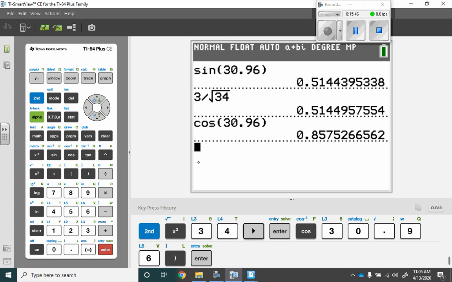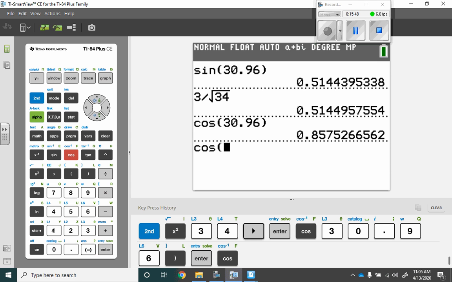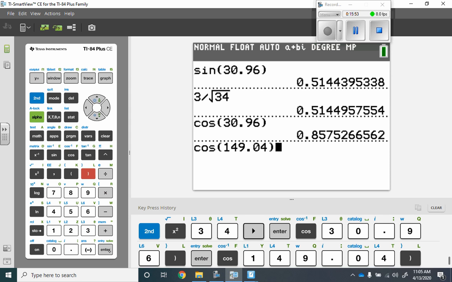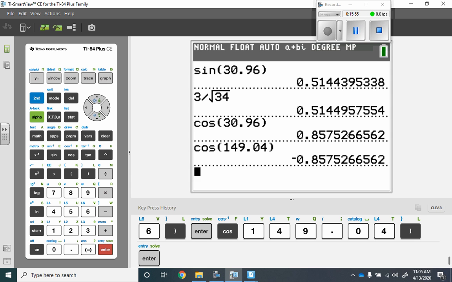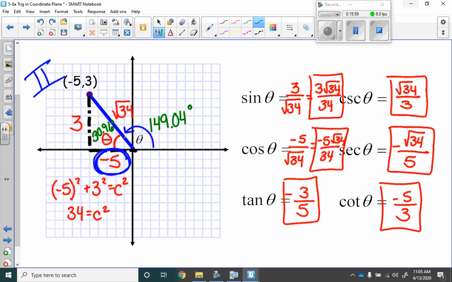So when I take the cosine of 149.04, notice I get practically that same answer right here, just the negative. And so this angle that I'm using to help me with the triangle is just for a visual representation, where really you are using an angle that's greater than 90 degrees to put us into quadrant 2.